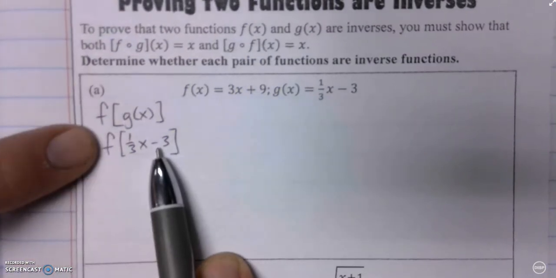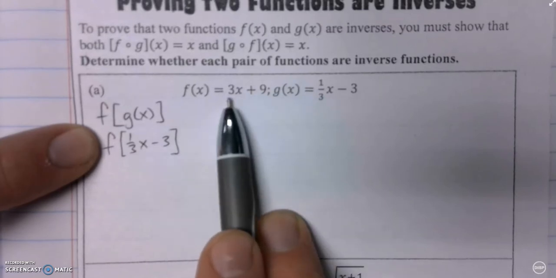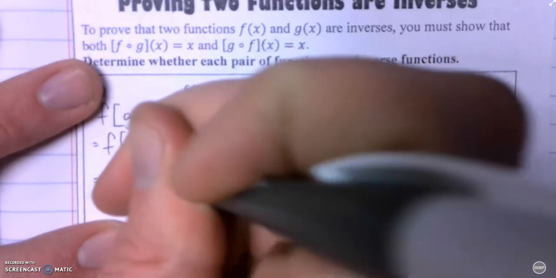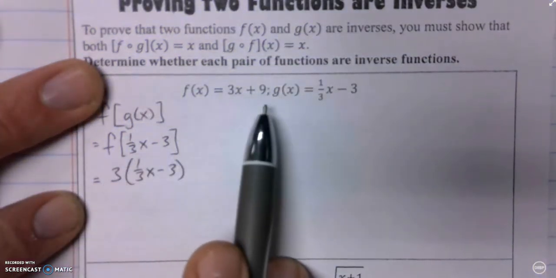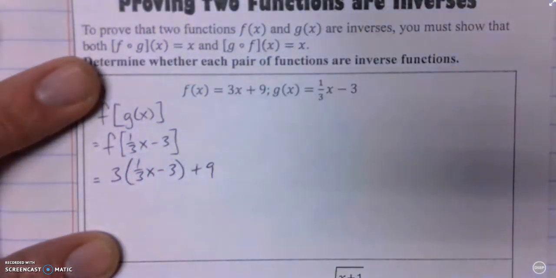And now function f says whatever is here, multiply it by 3, and then add 9. So f of this stuff is 3 times this stuff, plus 9. And now we're going to simplify that.